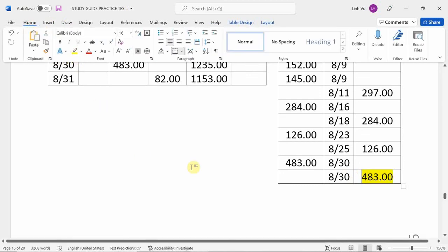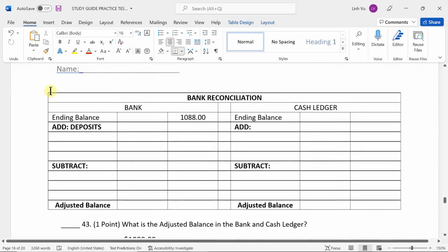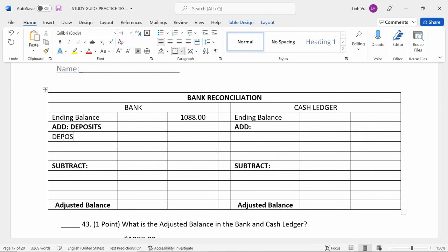So that's the only deposit I have that's missing on August 30th, 483. So you're going to add $483 to your bank. Okay.